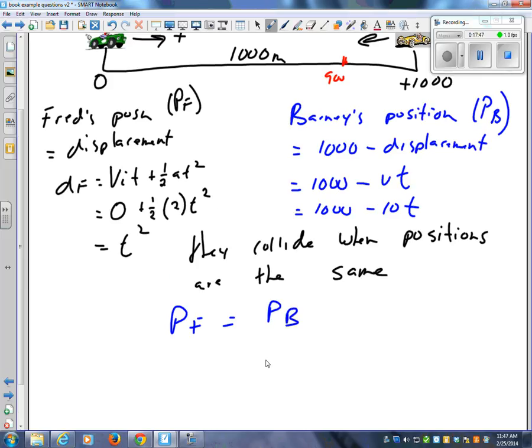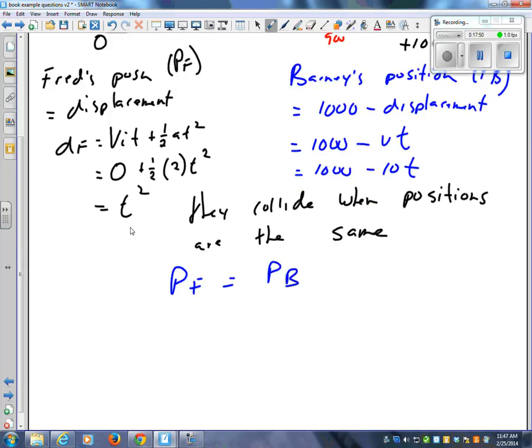PF, we worked out, is his displacement, which was equal to t squared, and PB is 1,000 minus 10t. Again, we've got a quadratic formula. t squared plus 10t minus 1,000 is equal to 0.